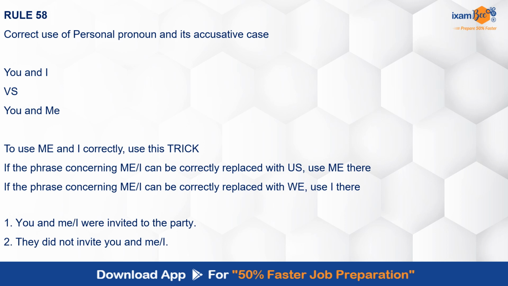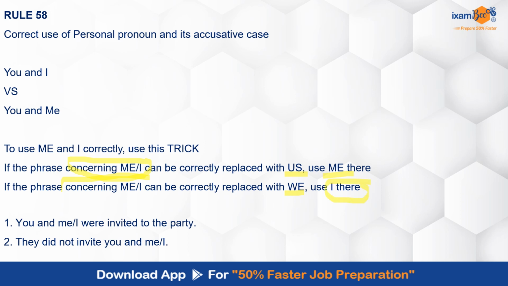Next rule says that when you are talking about a personal pronoun and its accusative case, you have to take care of you and I and you and me, right? And this is the trick. To use me and I correctly, you have to use this trick. If you can replace this phrase containing me or I with us, then you have to use me there. If you can replace this phrase, you and I or you and me, with we, then you have to use I there.